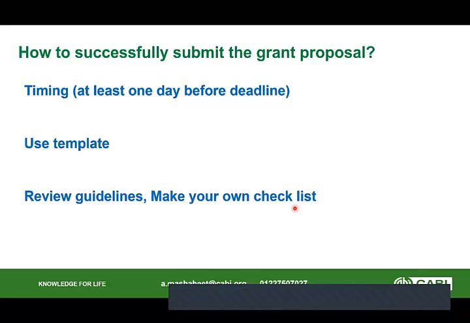But if you don't have one, it is a very good idea to prepare your own. So while reading the guidelines, make your own checklist and improve it the more you go while writing. And at the end, review the guidelines, review your own checklist, and check your proposal against it, and see if you have met all the criteria.